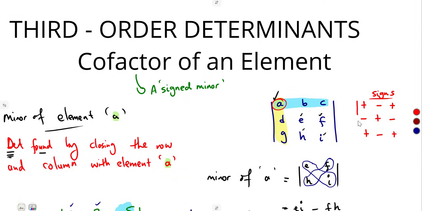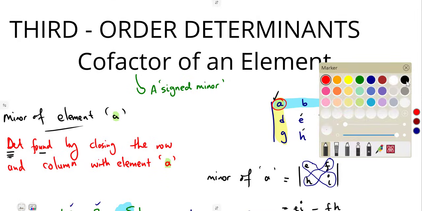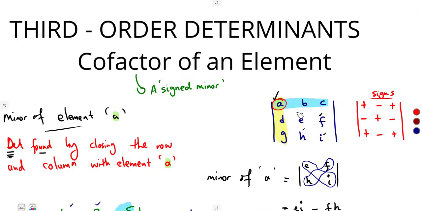This is a matrix that represents the signs for the third order. As we have these elements A, B, C, D, and so on, it means each element A has to be affected by a positive correspondingly, like that.